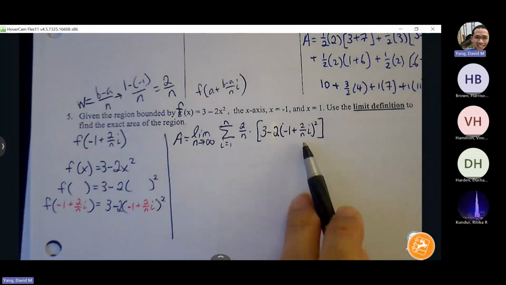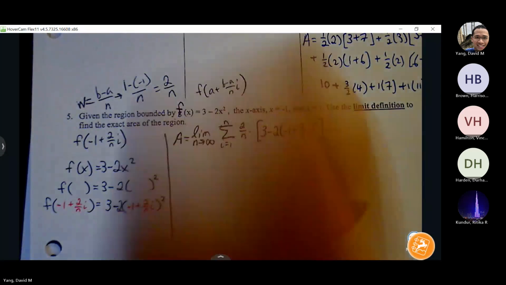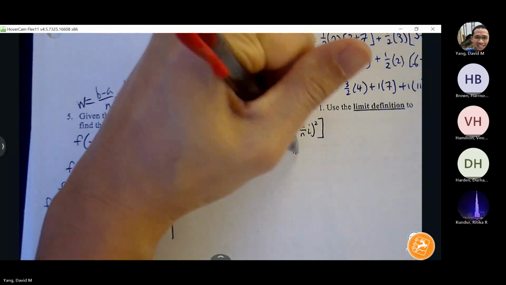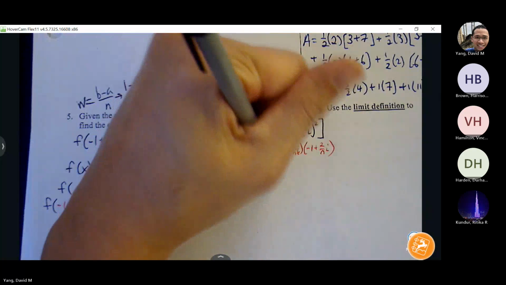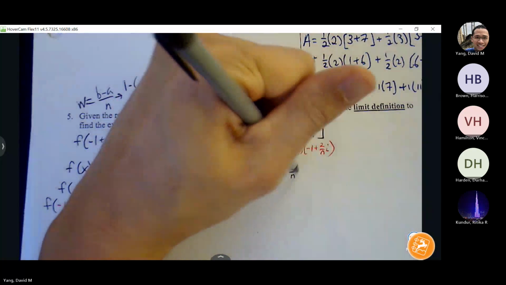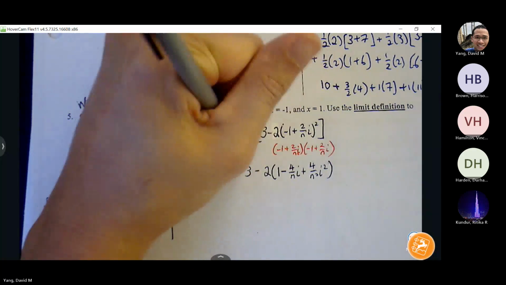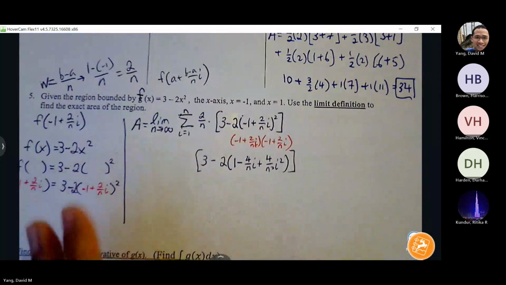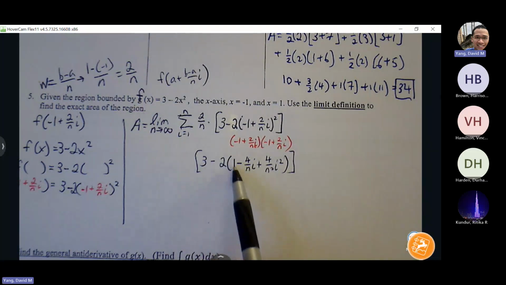Okay, spend the time to FOIL this out. Then I can distribute the -2 through.